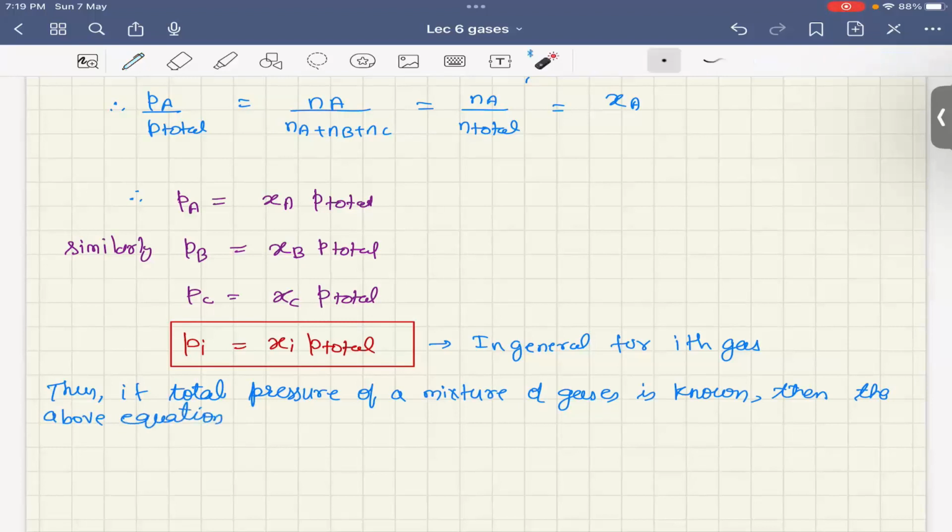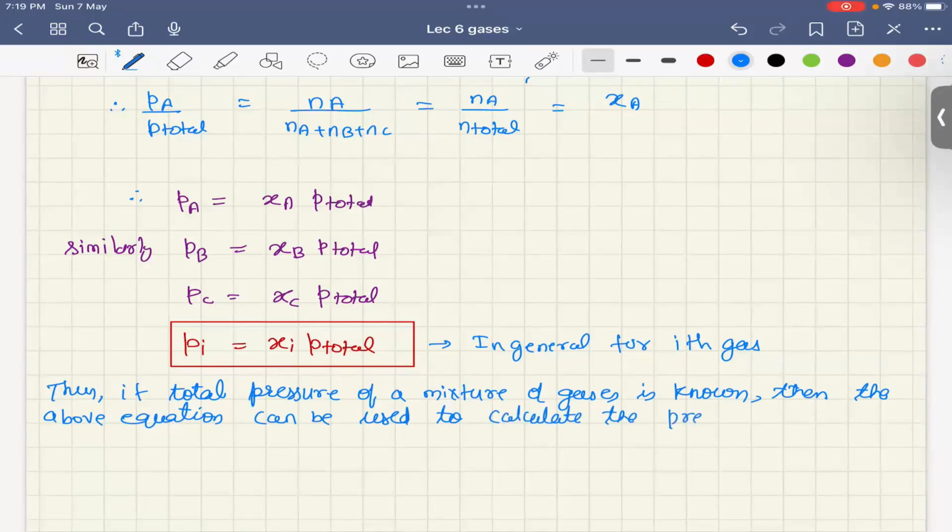can be used to calculate the pressure exerted by individual gases.